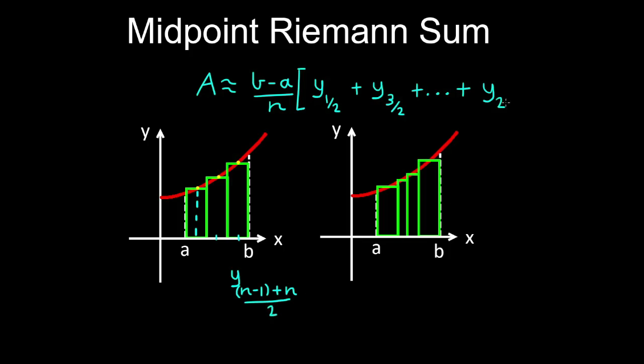So that gives 2n minus 1 on 2. And where we use non-uniform partitions, we can multiply each separate y value by a different width for each rectangle. And we'll see that in example problems.